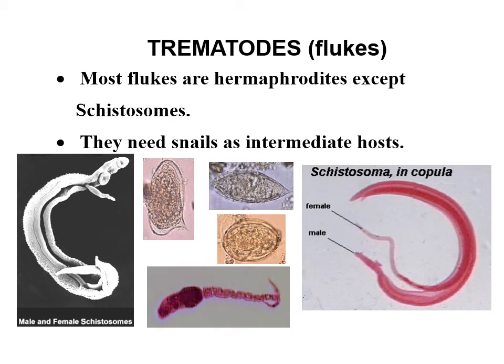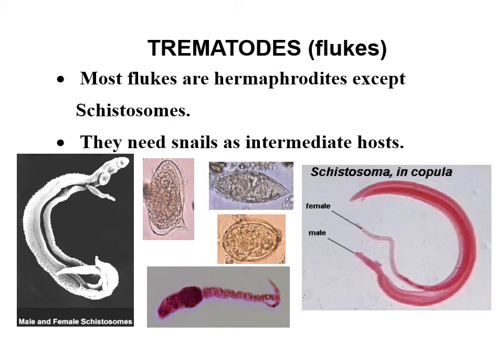The upper one is the oral sucker, or mouth, through which the mouth opens, and the lower one is known as the acetabulum, or ventral sucker. The function of the suckers is attachment. The male is elongated and flat, but it curves to form a groove known as the gynecophoric groove through which the female is carried.